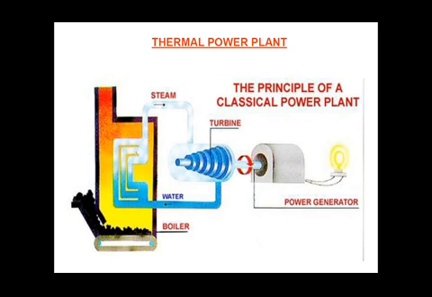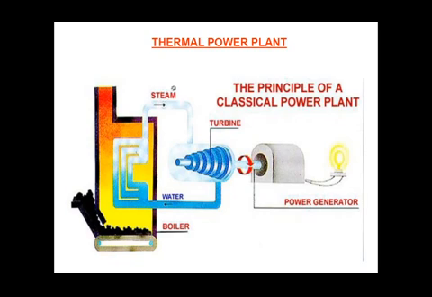So you can see over here the thermal power plant. You can see that these fossil fuels are burnt in the boiler. Now the water moves into the boiler through the pipe, and the heat energy caused by the burning of these fossil fuels is absorbed by this water and converted into steam.